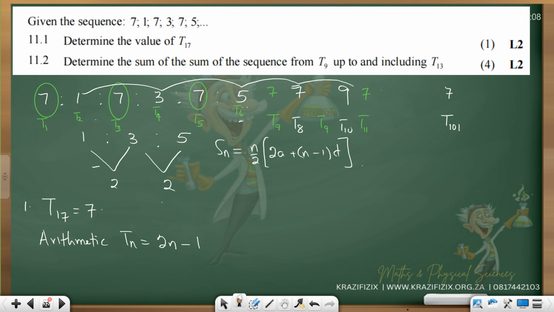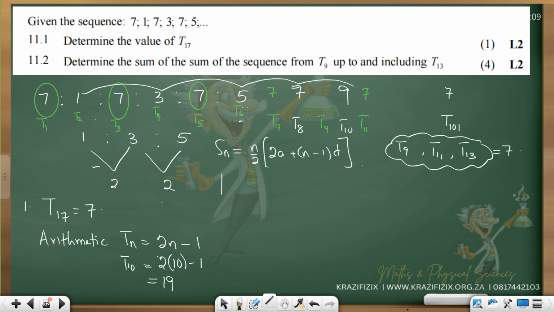Now, I already know that T9, T11, and T13 are all going to be equal to 7. All right, I'm coming there. Now, but what else do I have? What is T10? 2 times 10 minus 1. This is 19. I'm doing this so that if we have lots of numbers, we create a system. Okay, so my T10 becomes 19.